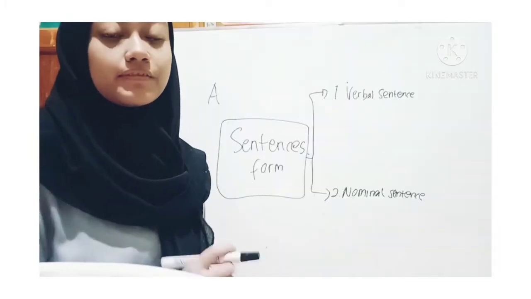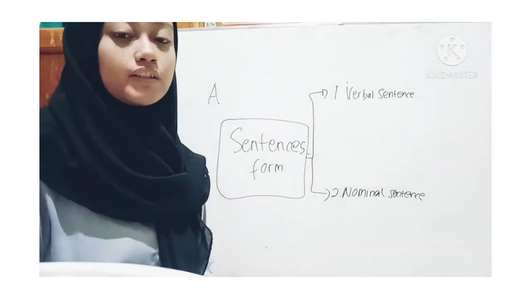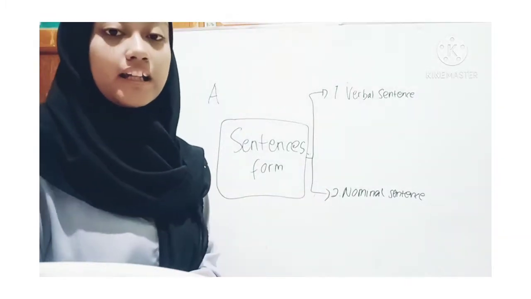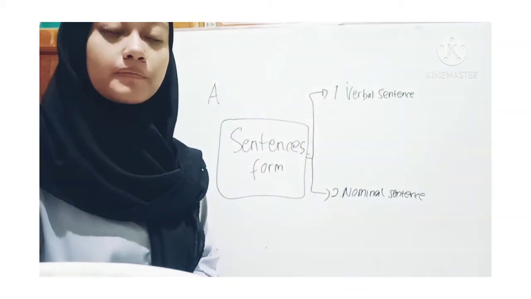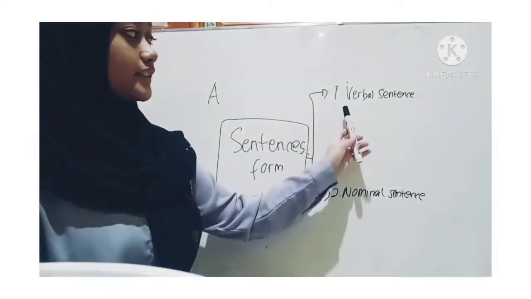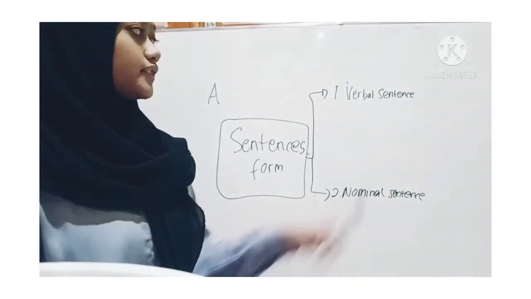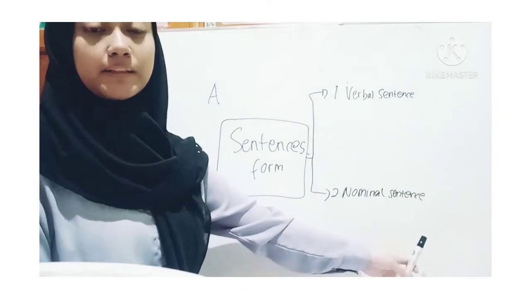Alright students, the first thing related to simple present tense is the sentence form. In simple present tense, there are two forms of sentences. The first one is the verbal sentence, the second one is the nominal sentence. What do verbal sentence and nominal sentence mean?